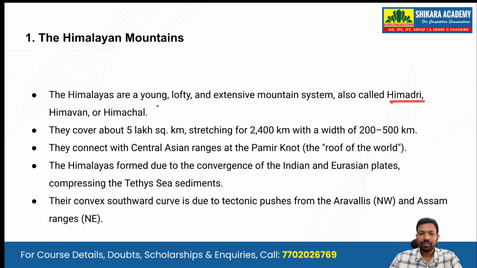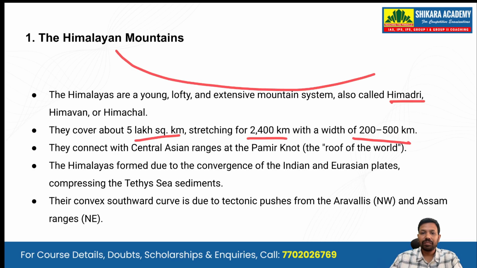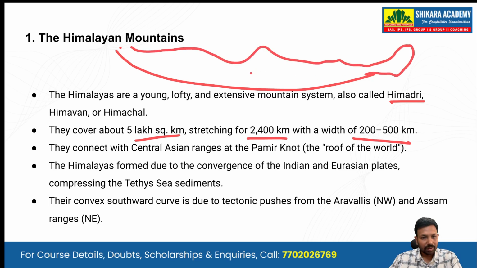Hima. They cover about 5 lakh square kilometers, with a length of about 2,400 kilometers, and the width is about 200 to 500 kilometers. So the length is almost 2,400 kilometers, and the width will be around 200 to 500. It depends upon the place.